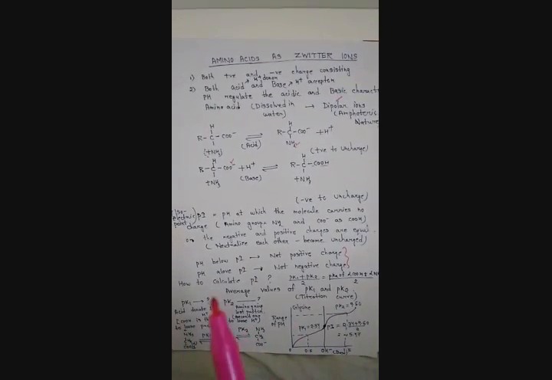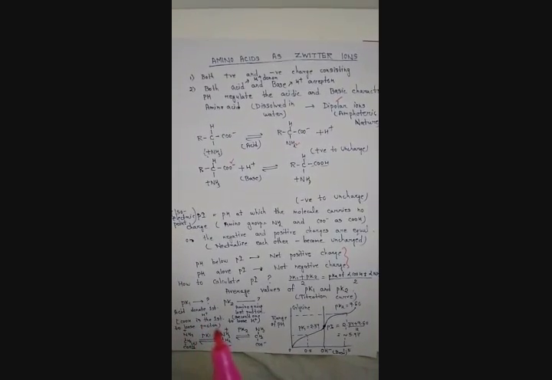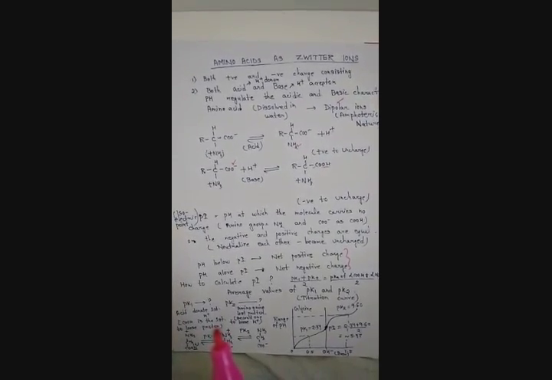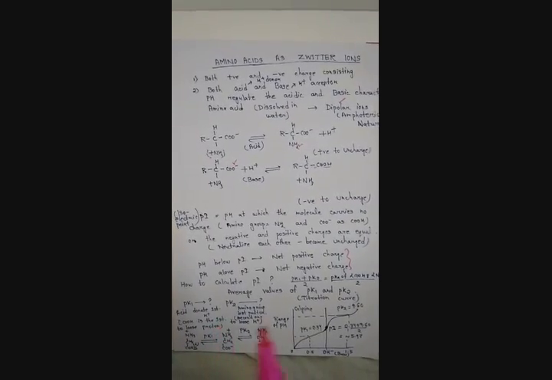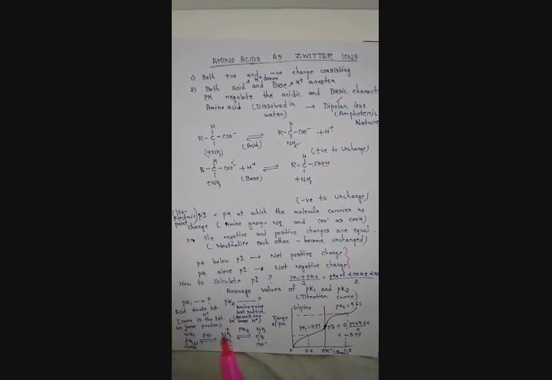That's why the name is pK1. The carboxylic group is in the alpha position, and the proton which is lost is from the alpha COOH, correct? So this one is the pK1.